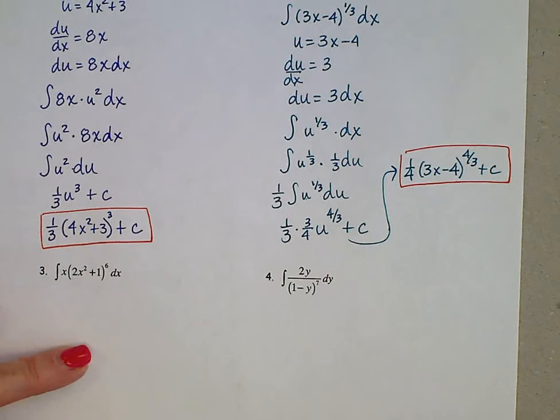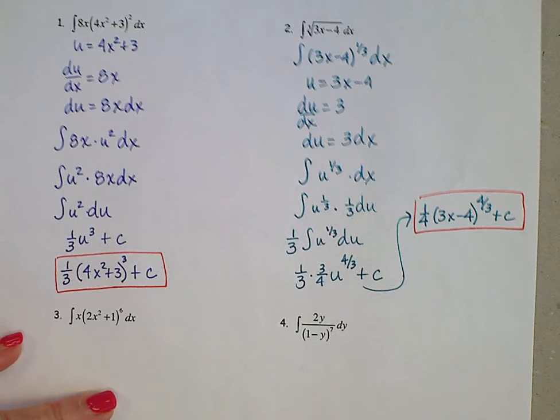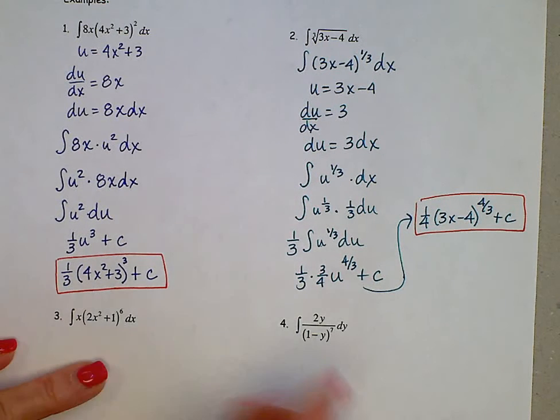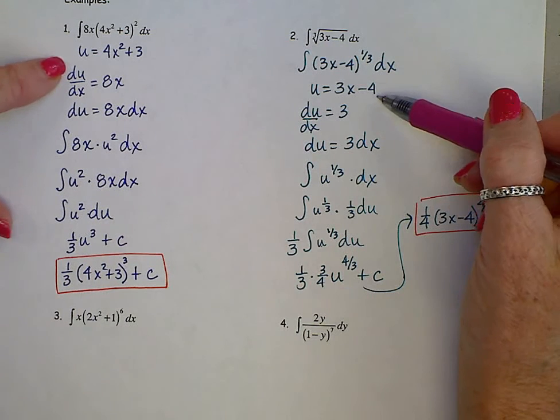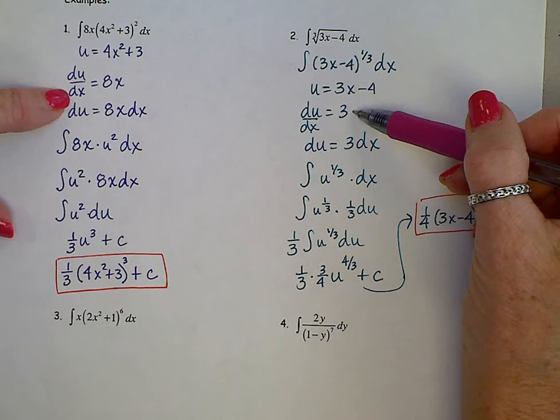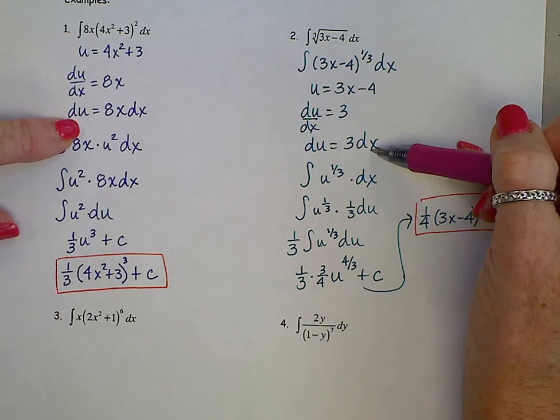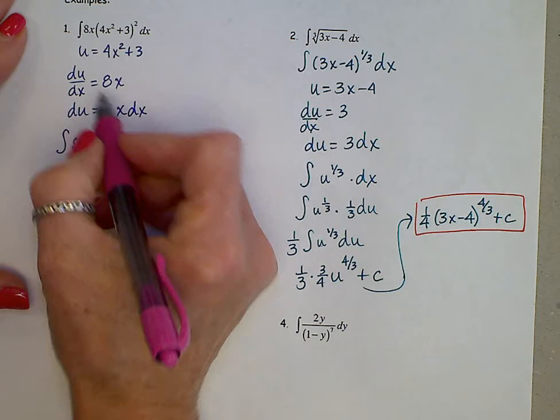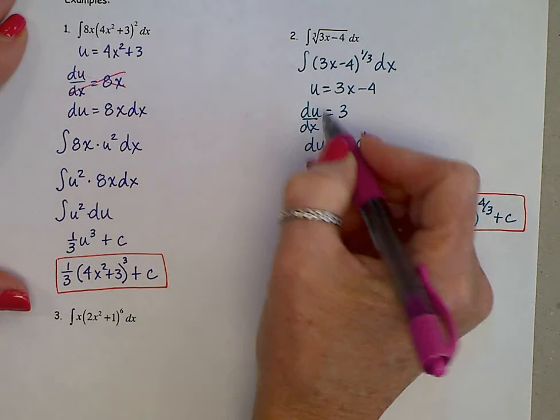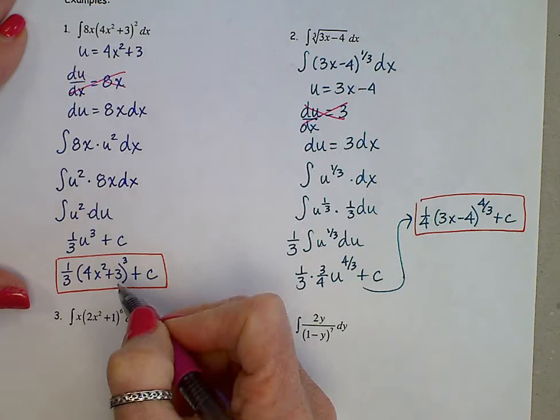All right, lots of steps. We can maybe eliminate one step for sure right here. If we notice we start at u, and then we did du dx, and then both times we multiplied up that dx. So at this point we can start skipping this step right here where we write du dx.